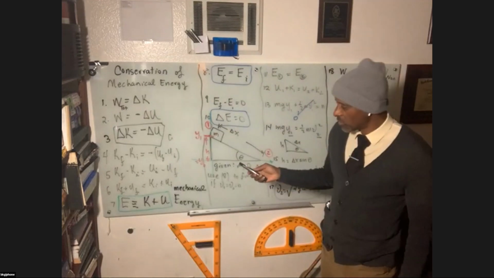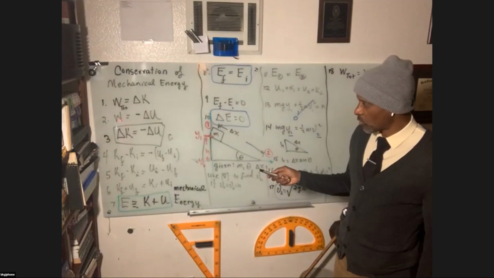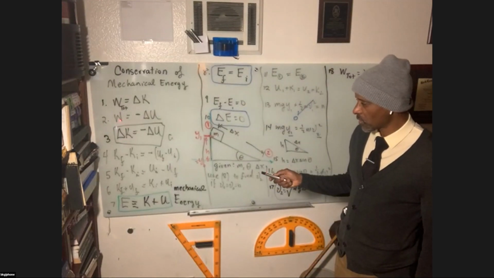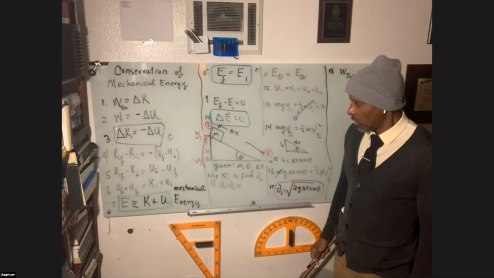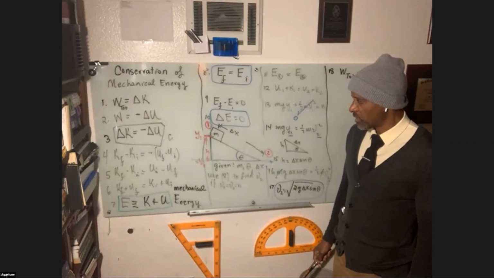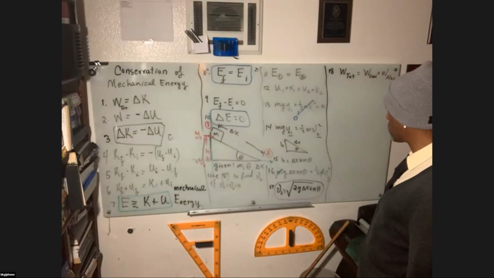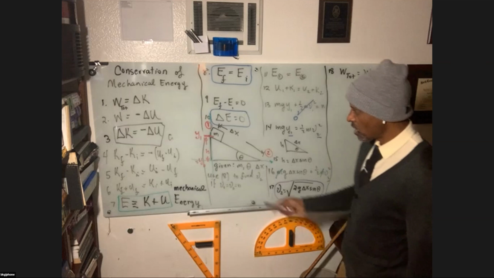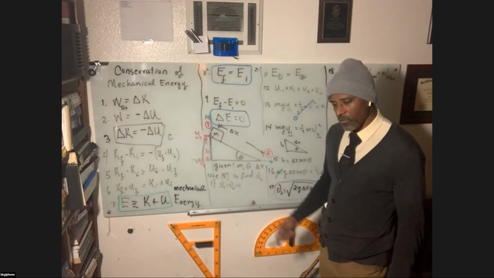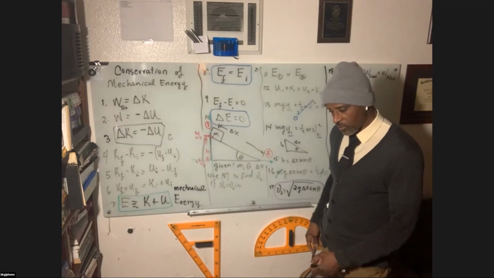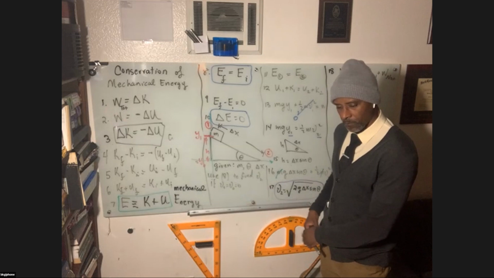Can I do this when I talk about the work in equation 2 here? Can I replace that with total work like I've done here, where total work equals work done by conservative forces and non-conservative forces? Can I do that with that work as well? And explain your answer. Why or why not?